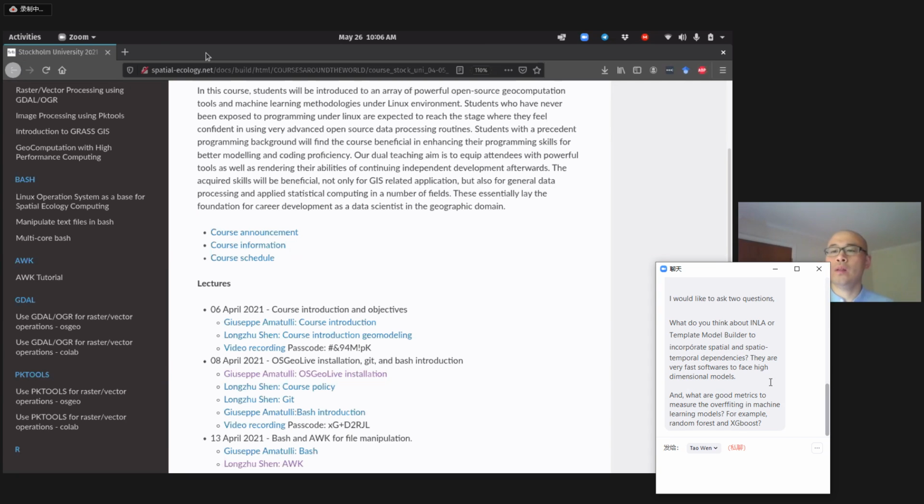Yeah, I know about the INLA, which, as you mentioned, is a Bayesian approach based on Laplacian approximation. So it's a good strategy. You know, we have this painful MCMC procedure in the Bayesian approach. This definitely will improve the speed.